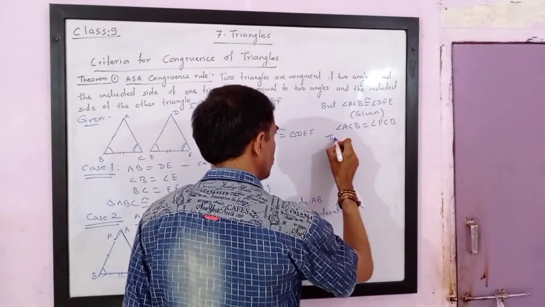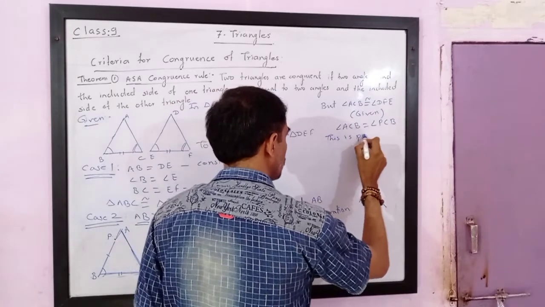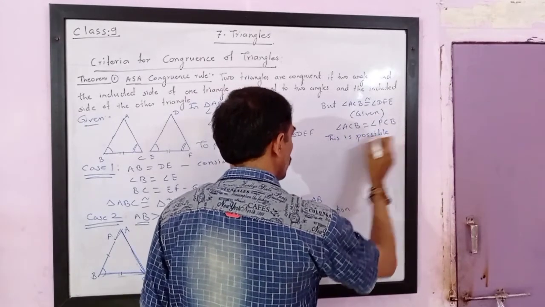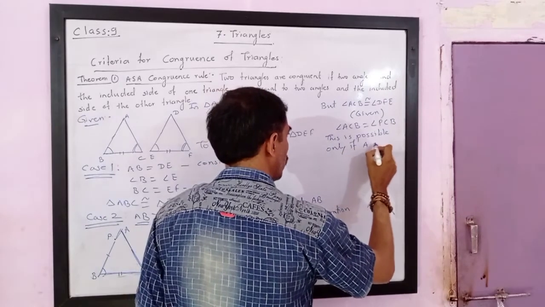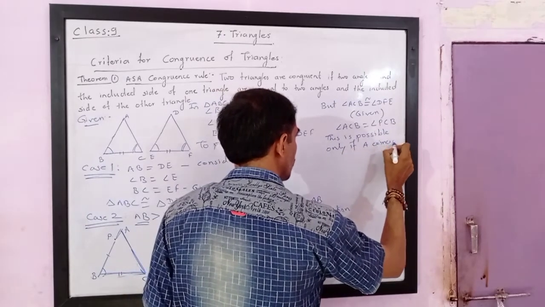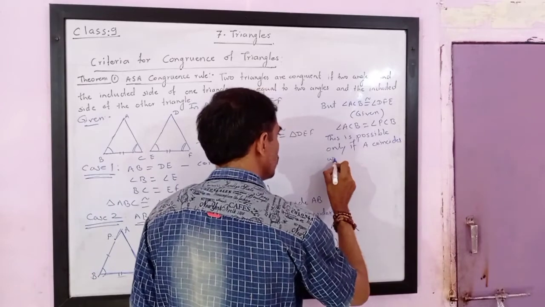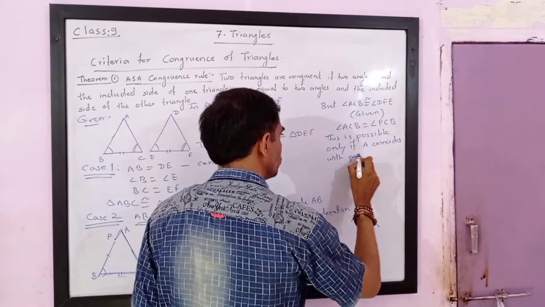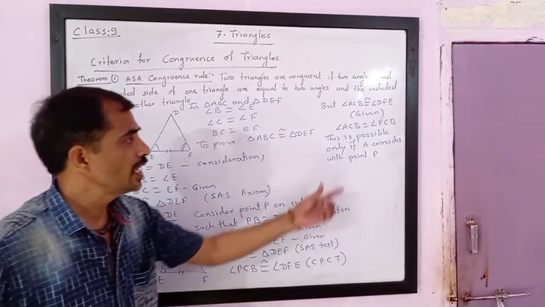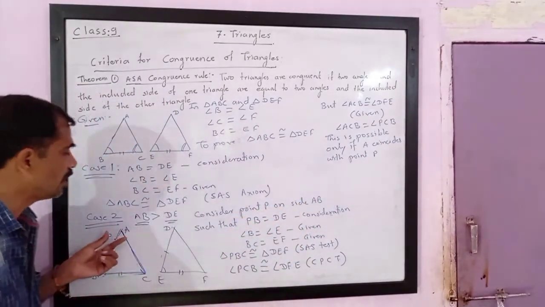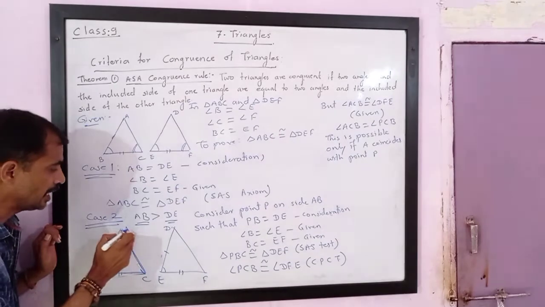So this is possible only if A coincides with point P. It means A and P are not two different points; they are one and the same point. So P lies at A only.